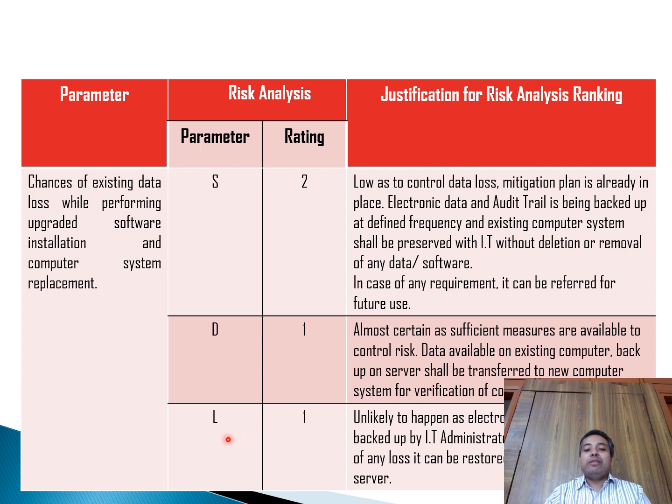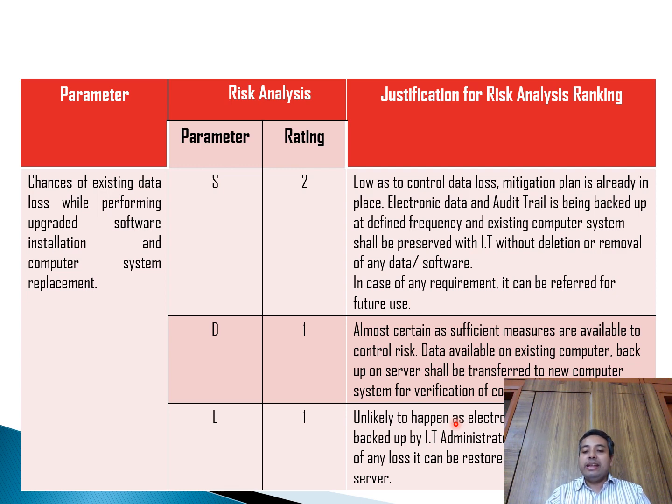And the likelihood of occurrence of risks is given a score of 1 for this identified risk factor. Why is the likelihood of risk ranking given a score of 1, and it is unlikely to happen? Because electronic data and audit trail are backed up in a defined frequency by the IT administrator as per site specific SOP.